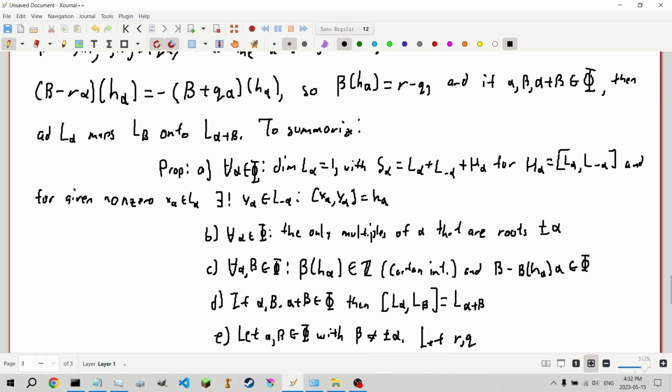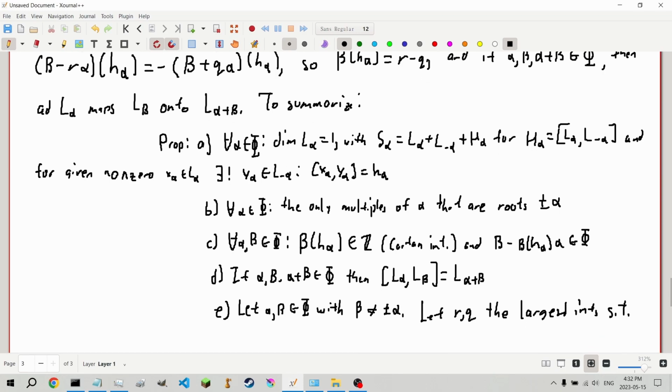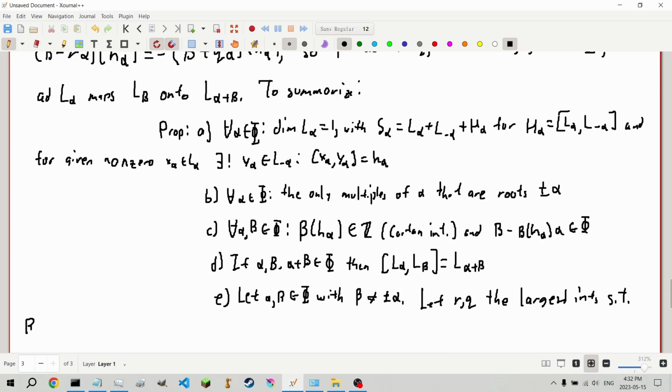Let R and Q be the largest integers such that beta minus R alpha and beta plus Q alpha are roots.